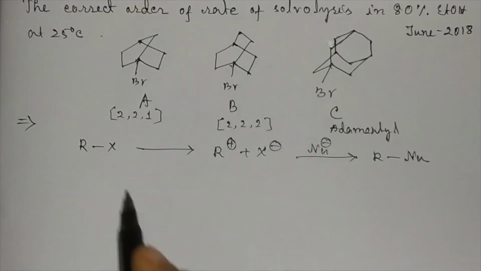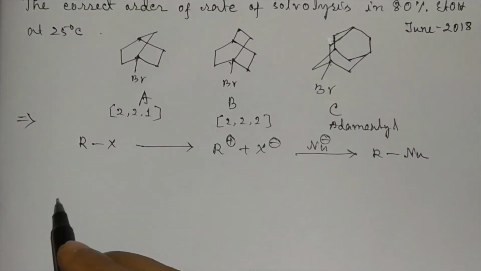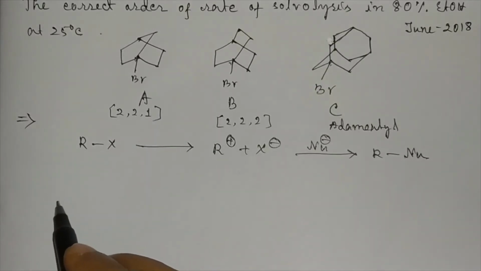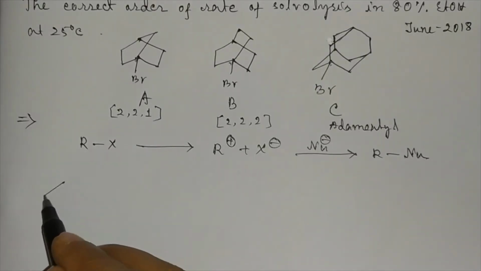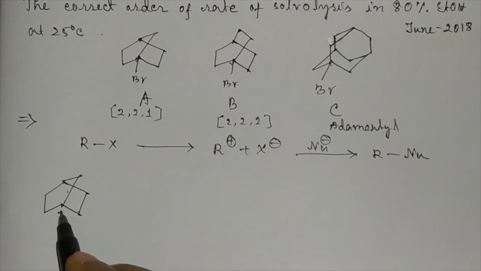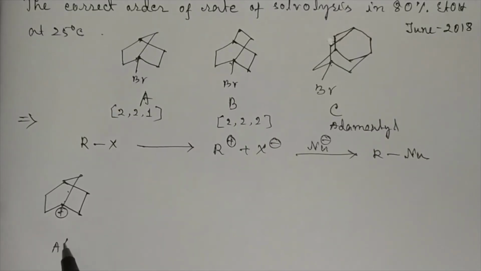So if they undergo heterolytic cleavage of the C-Br bond, let's see what carbocation will be produced. For A, this carbocation will be formed, it is called A prime.